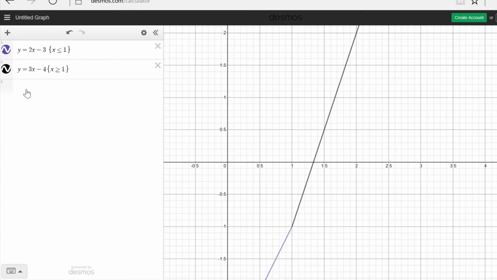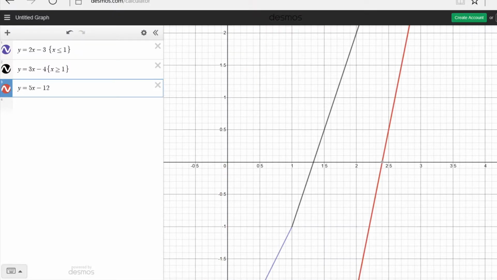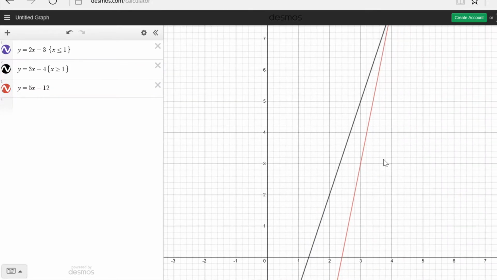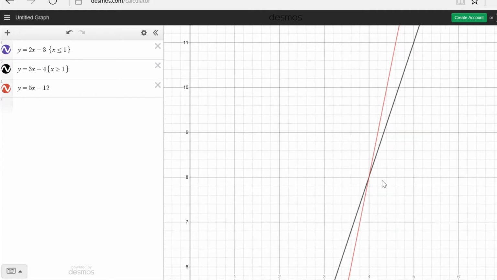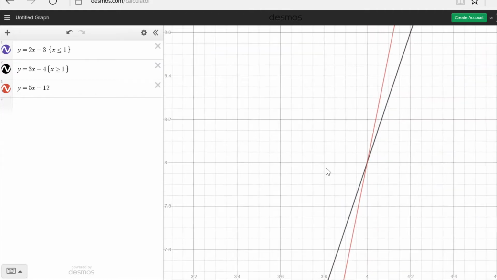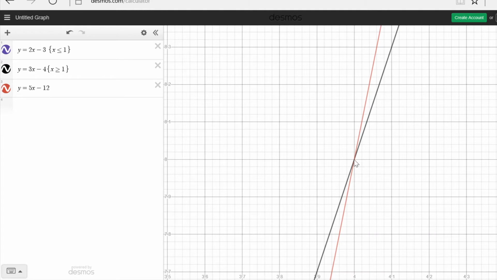But now it gets a bit more complicated because we have a third line, y equals 5x minus 12. Now, in an exam setting, I would expect you to do something like this, say, in pencil, and then go back and do it in pen when you're finished, just so you can erase the line if you've gone too far. Now, zooming out, we can see the intersection point right here, 4 and 8.